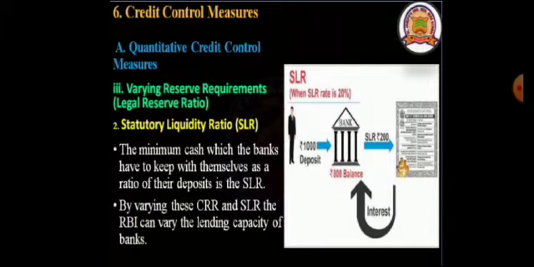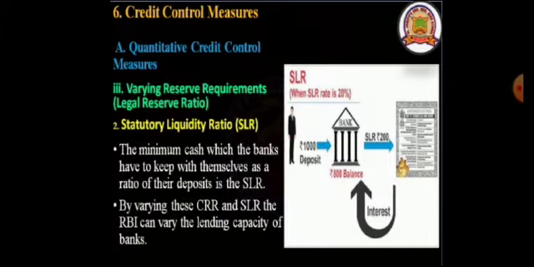We can understand this SLR with the image given here. If there is a 1000 rupees deposit with the bank, 20% SLR of 1000 rupees is 200, where the bank has to keep a minimum of 200 rupees with itself, and with 800 they can operate in the form of transactions by giving loans for getting profit in the name of a rate of interest.